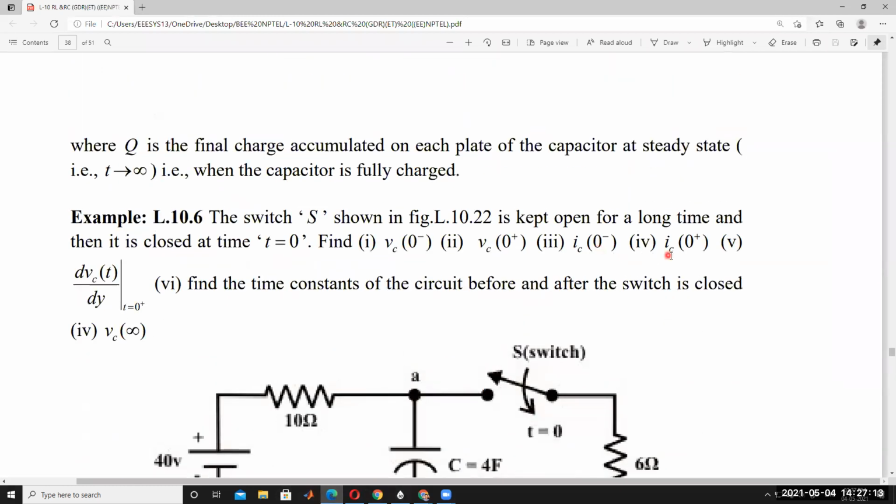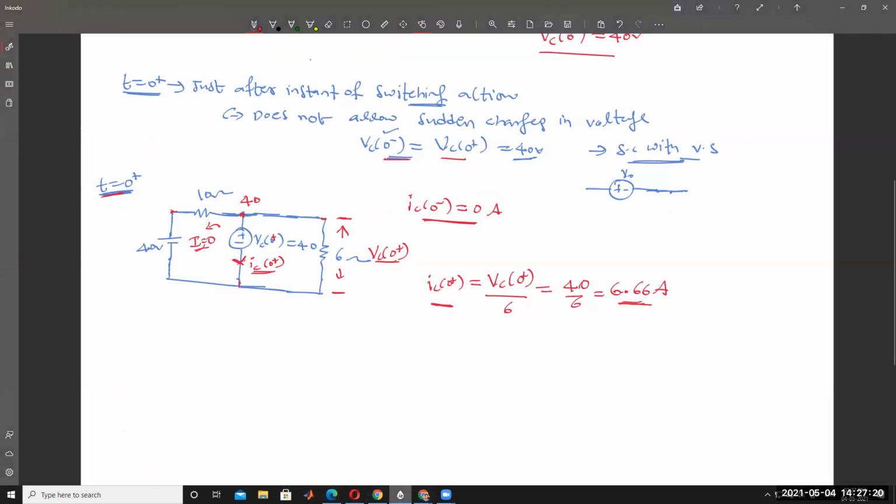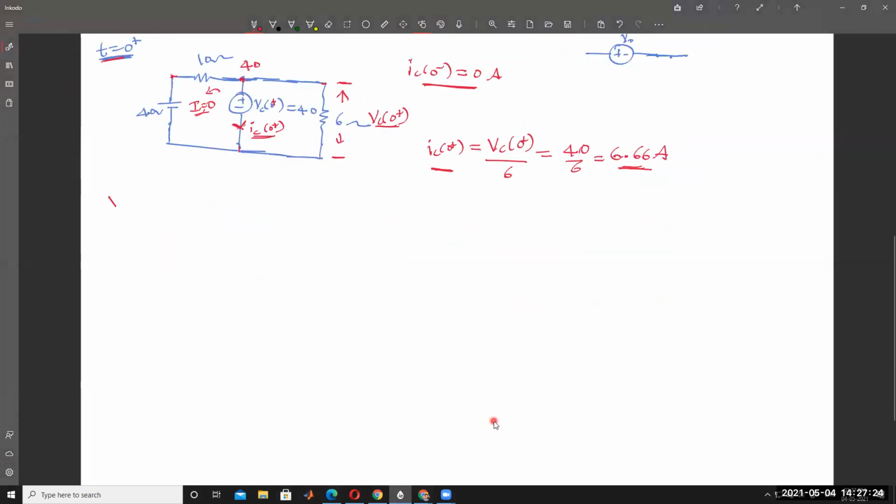And what is the next question? The fifth one: dVC of t by dt at t equal to 0 plus. You know well, the current flowing into the capacitor I is equal to C into dVC by dt.